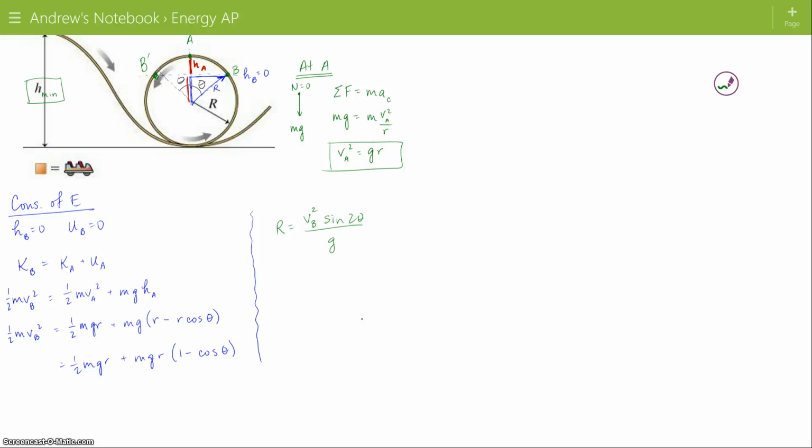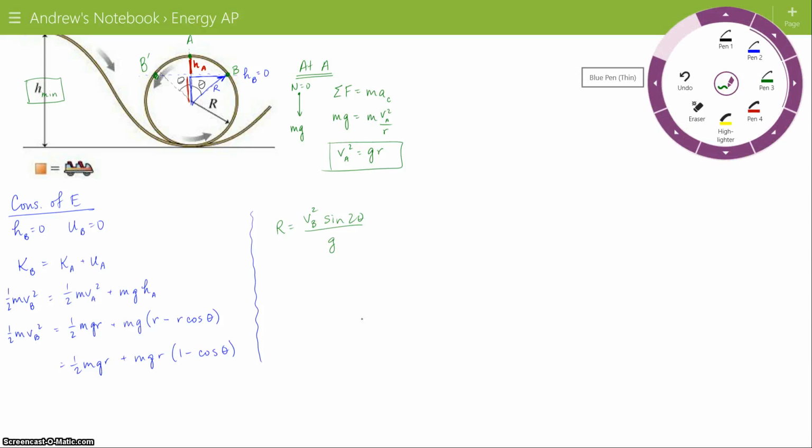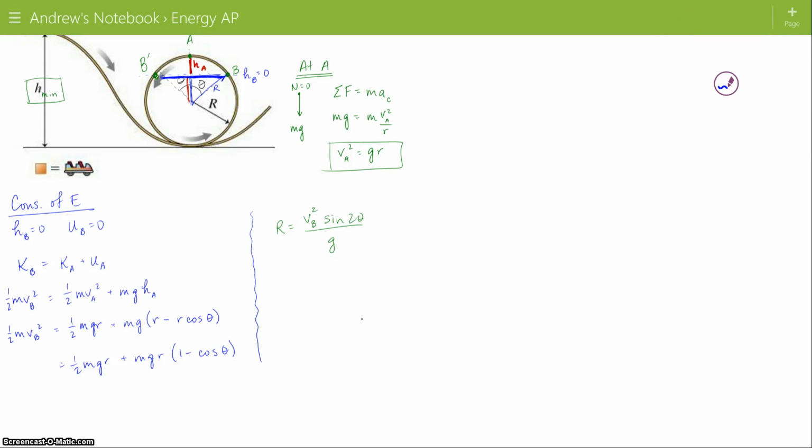Okay. Now r, the distance it has to go across, is this total blue line across here that I'm highlighting right now. That is 2 times the sine component of that triangle, so that's 2 times r sine theta is equal to the speed v squared, the sine of 2 theta, all over g.